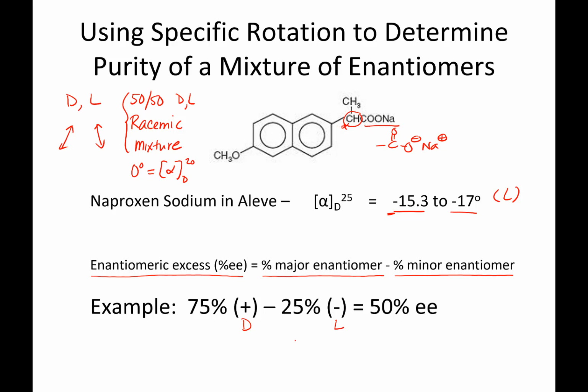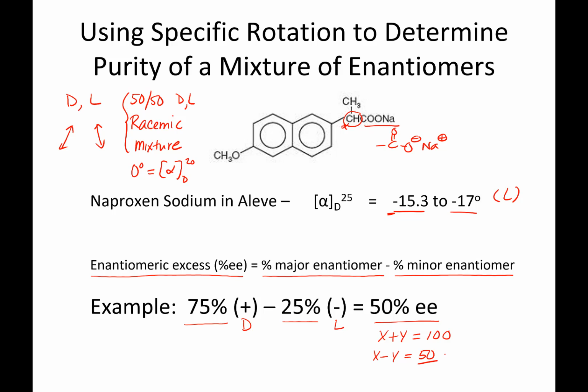So going back down here then, that means that 25% of the L will cancel out 25% of the D, leaving 50% of the D in excess, is the way that we use that term. So 50% enantiomeric excess basically means that you need 2 numbers that add up to 100, but then when subtracted equal that percent enantiomeric excess. There's lots of ways you can solve those 2 equations simultaneously, but that's what we're looking for.